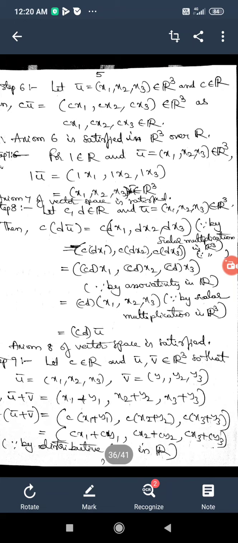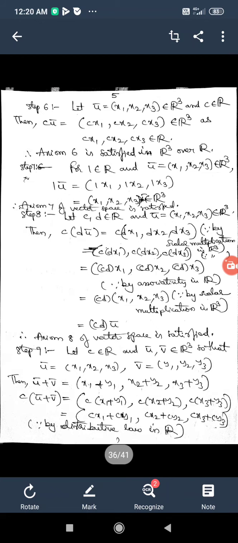To prove this, we take a vector u bar equal to x1, x2, x3 in R3 and a scalar c in R. Now consider c u bar, and that is equal to cx1, cx2, cx3 by the definition of scalar multiplication in the set R3, wherein cx1, cx2, cx3 are elements of R. Therefore, axiom 6 is satisfied in R3 over R.